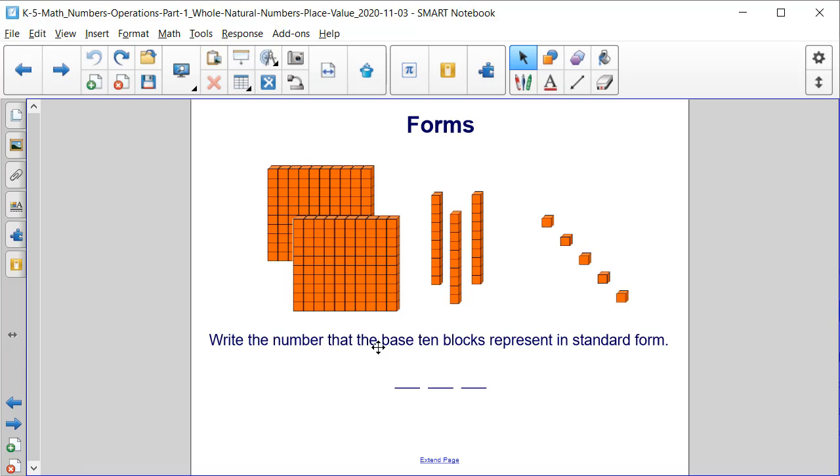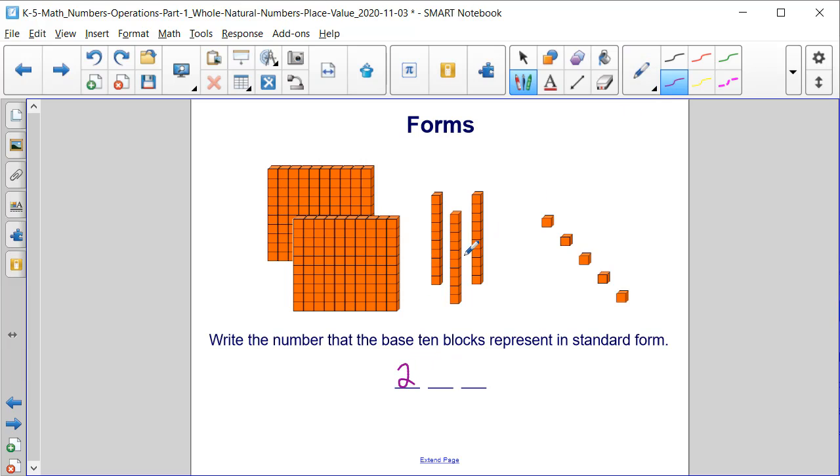Write the number that the base 10 blocks represent in standard form. So if we look, we have a 10 by 10 set of blocks, and 10 by 10 sets of blocks represent 100, and we have 2 of those sets of 100 blocks. So let's put a 2 in the hundreds column.